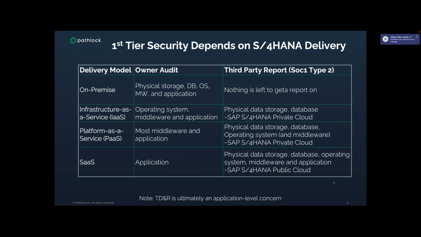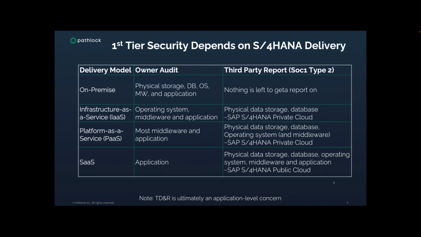And so from a first tier security perspective, you also need to begin to ask yourself, what is the delivery platform that I'm using to run my SAP landscape on? And have I got the proper conversation, or the proper liaison going on with my vendor?